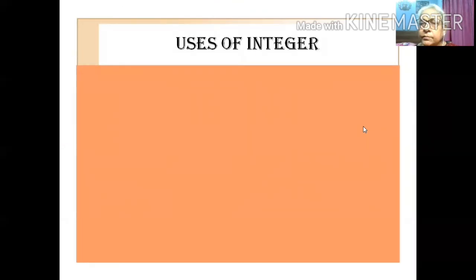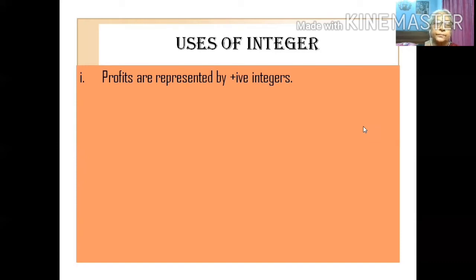Now comes uses of integers. Why are we using integers and in which cases do we use integers, whether positive or negative? First, profits are represented by positive integers. Profits means if you are putting something in and getting some profit from that, it is always represented by positive integers.